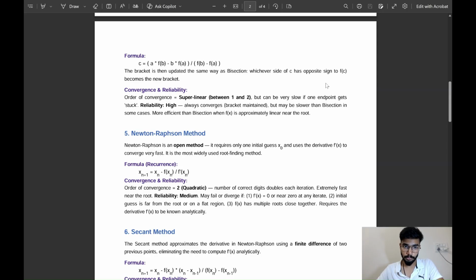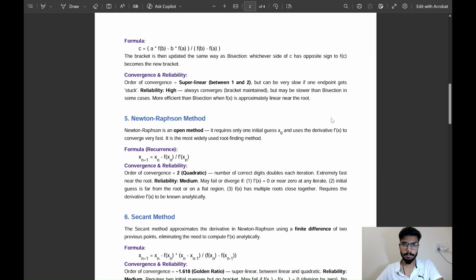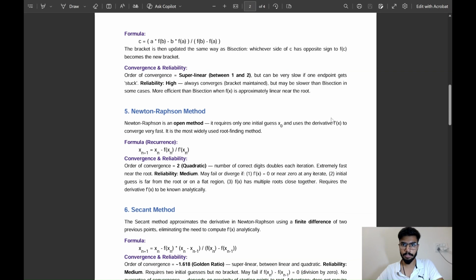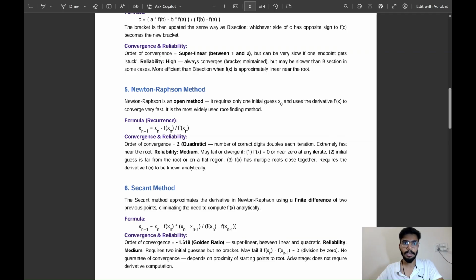Reliability is high, it always converges, but maybe slow. In some cases it is more efficient than bisection, when f(x) is approximately linear near the root.